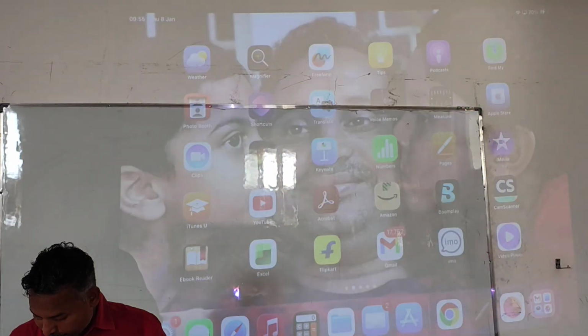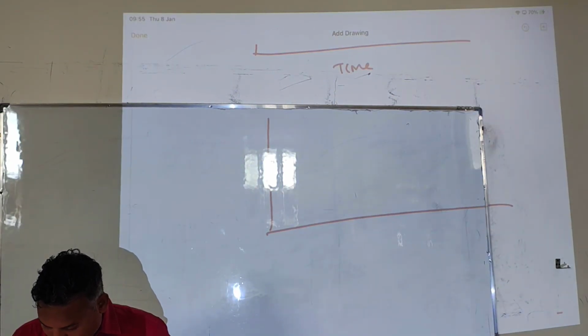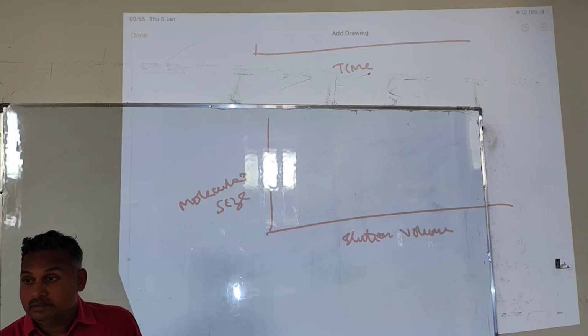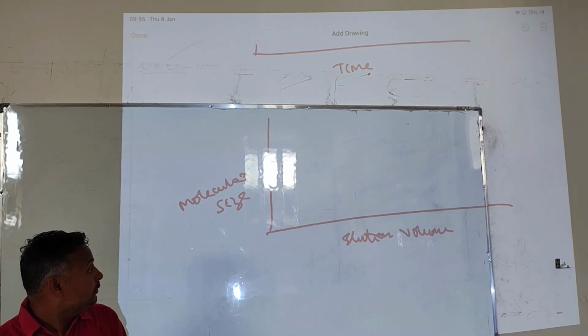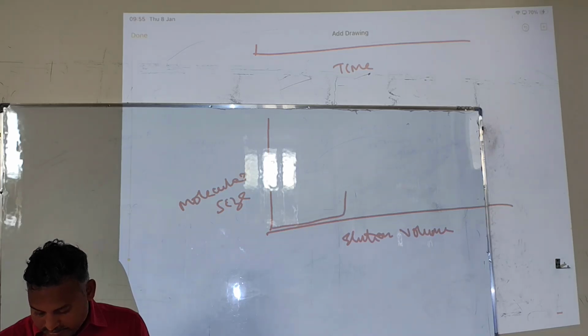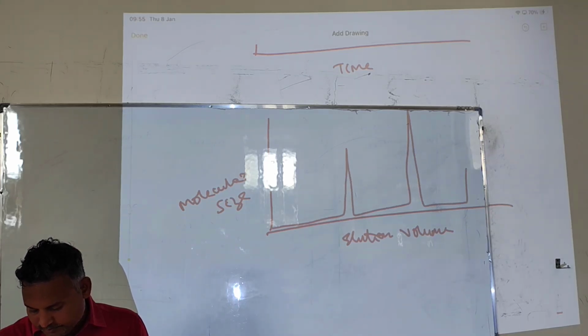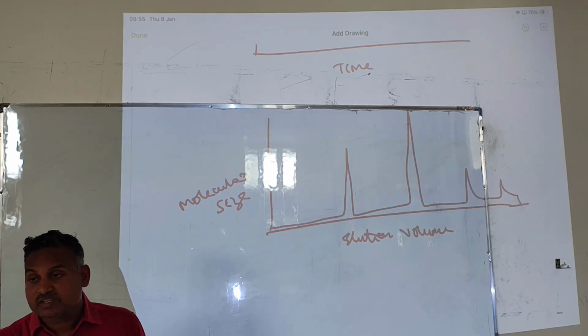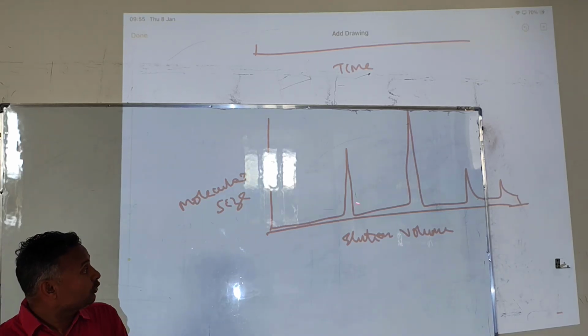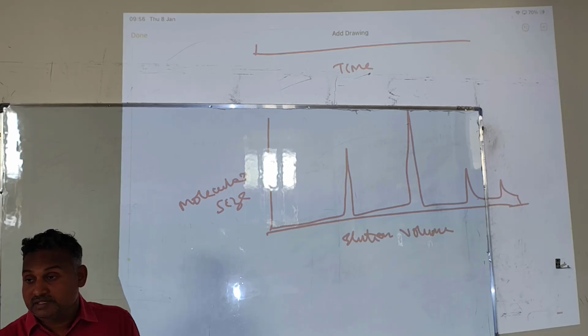That means this is elution volume, this is molecular size. So in this case, we are getting a chromatogram like this, with elution volume on the x-axis. Something like this, okay? You can see there are four compounds with different sizes.